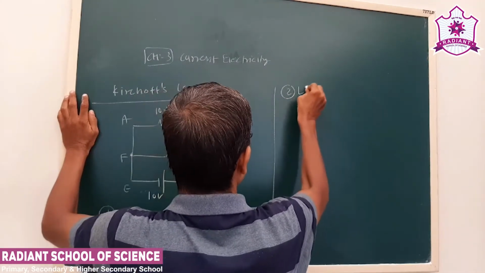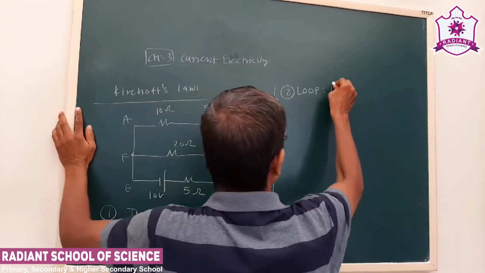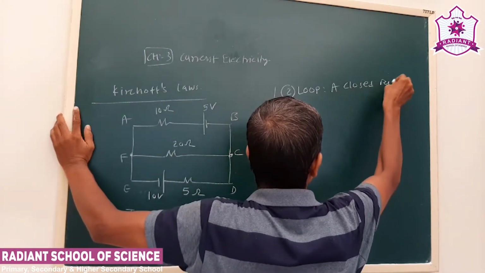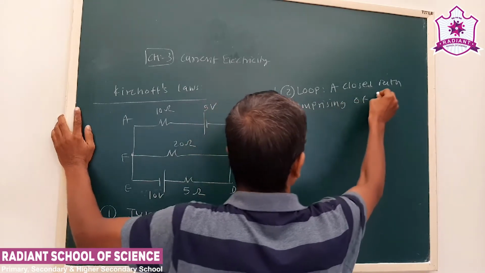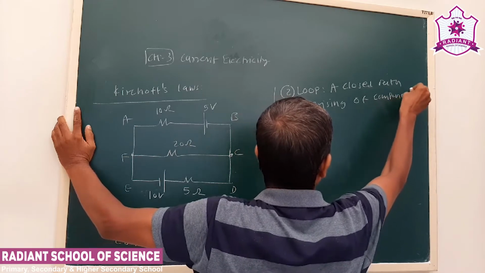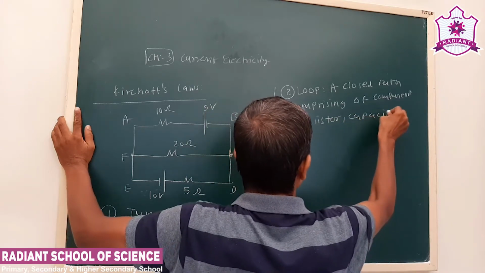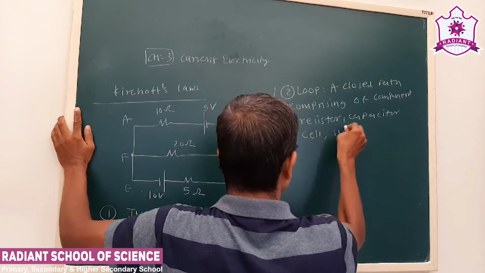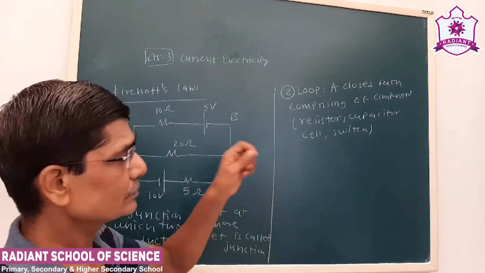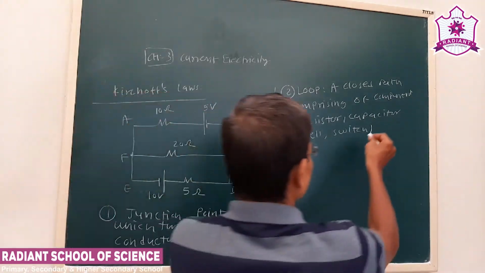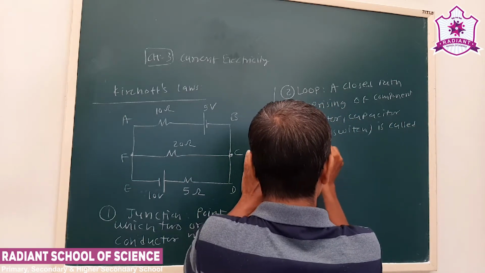Second is a loop. A closed path comprising of components, that is resistors, capacitor, cell, switch, we know these are the components, is called a loop.